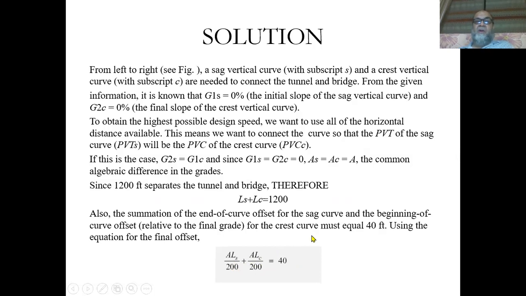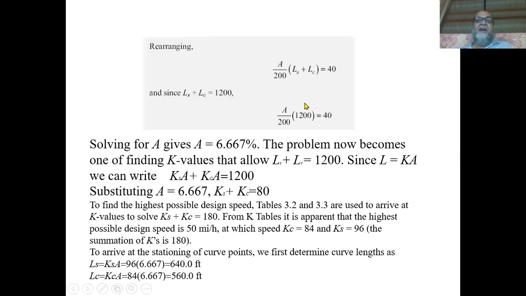Now, again, we use simple mathematics. If you take A upon 200 common, and we know LS plus LC is 1200, then we can always easily find the value of A.